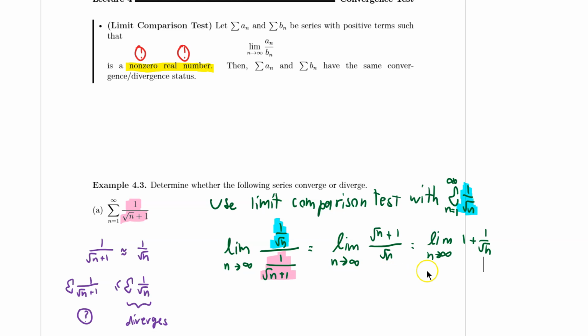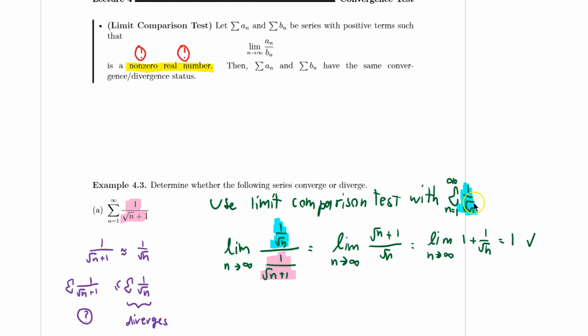And when n gets really large, 1 over square root of n gets really small. So this limit is just 1 plus 0, which is just 1. So this limit turns out to be a non-zero real number. So this works, which means these two series are going to have the same convergence or divergence status.